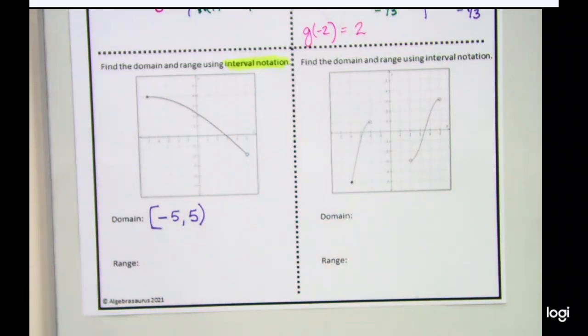All right, let's do that with our range now. All right, so range is all of the y values, right? So I'm going to go to the y-axis this time. There's my closed dot. And there's my open dot. There's my y-axis.